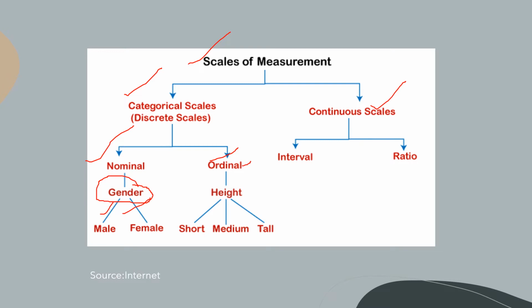And for ordinal, if we take height, then short, medium, tall are ordinal scale. Interval scale is a continuous scale, and the other is ratio scale. So we need to know these four types of scale: nominal, ordinal, interval, and ratio.